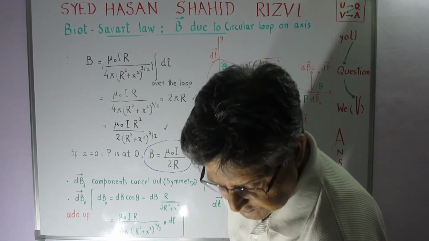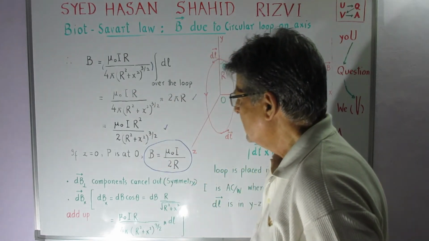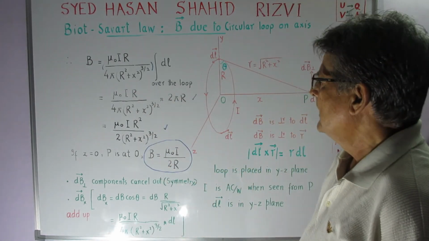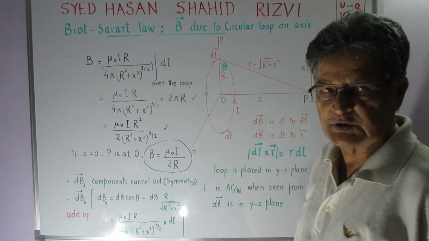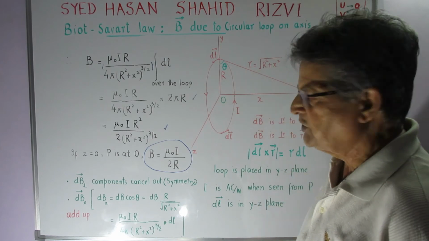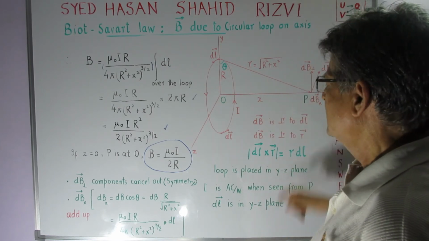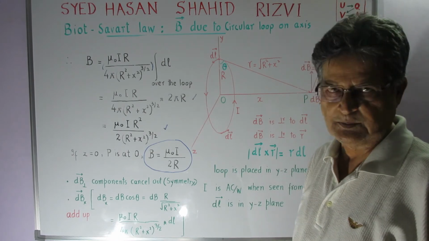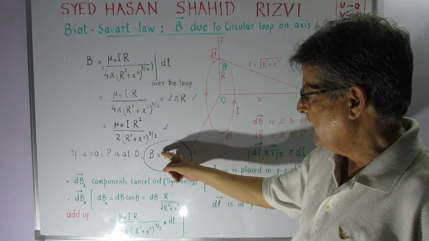So this is about the single loop. If there are n loops over each other, then the field will multiply n times, and we will have to introduce an n factor.